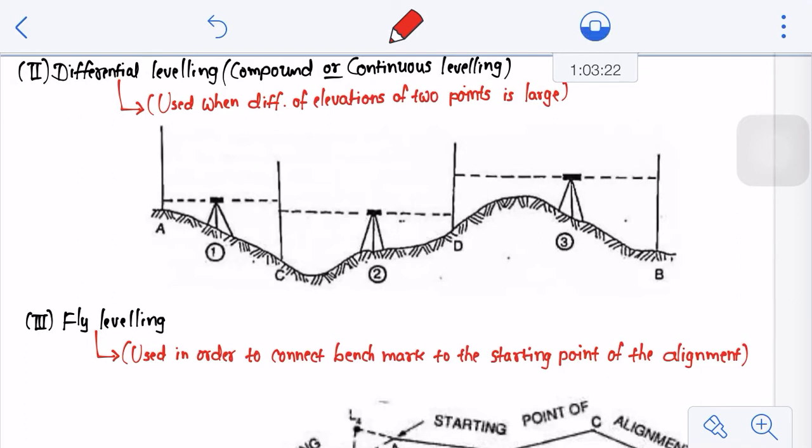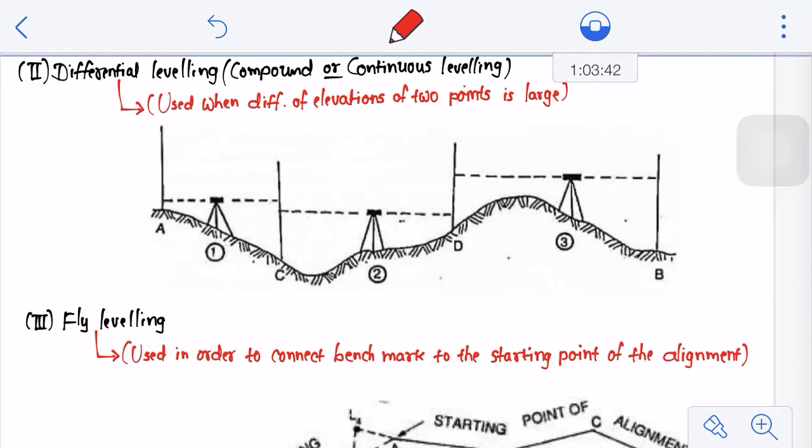So what is this method? This method is used when the 2 points whose difference of elevation is required are situated quite far apart, or when their difference of elevation is large, which is the reverse case of the first one, simple leveling, right? This method is also known as compound leveling and continuous leveling.